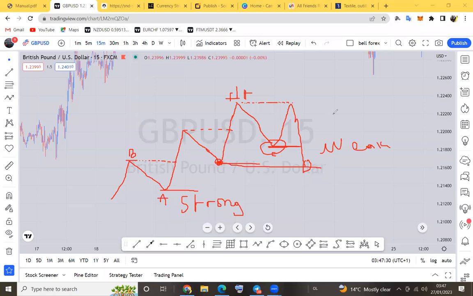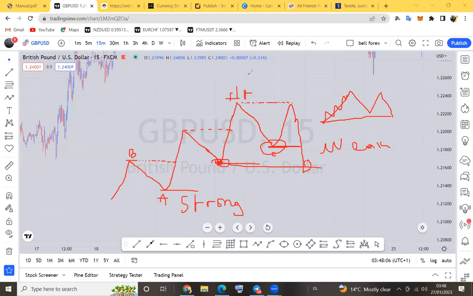And so for W and M shapes, most of the time their take profit target or validation is done when the other side of the leg is met, based on the structures that you have this way. I don't want to go there for now. I don't want to confuse you, but I want you to remind yourself about the concepts of strong and weak structure.